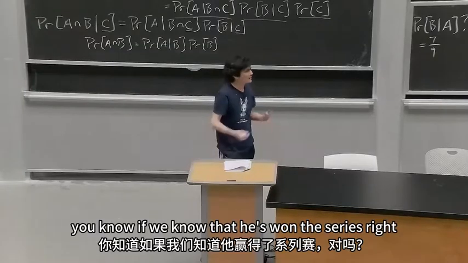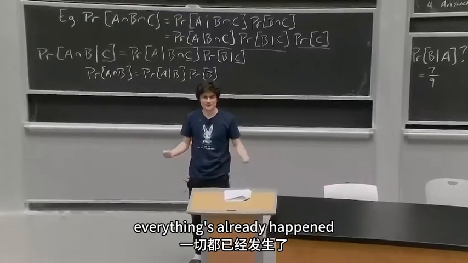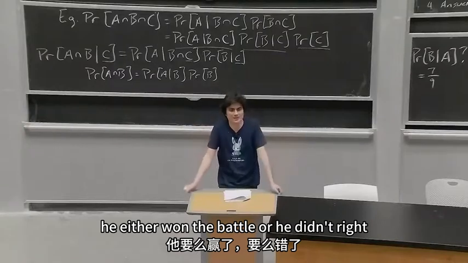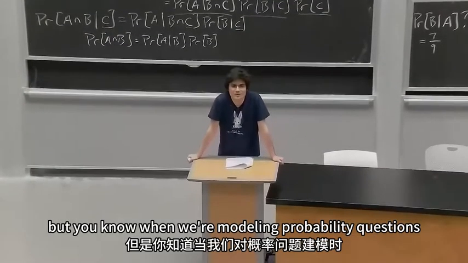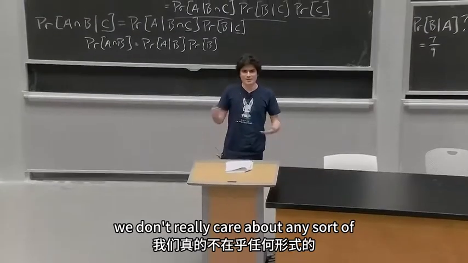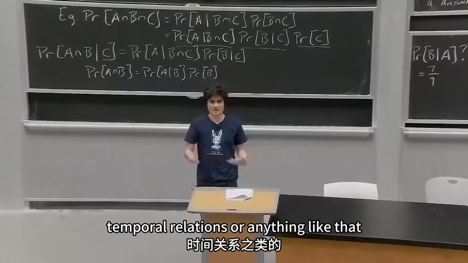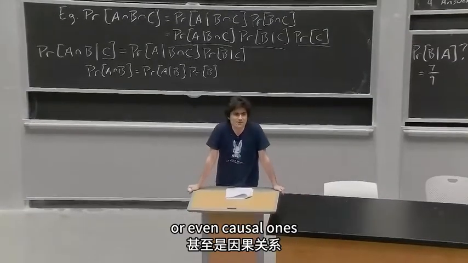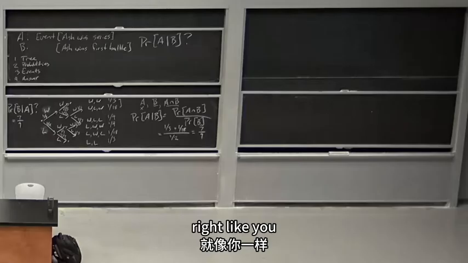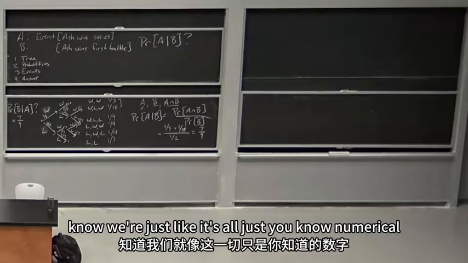Like, if we know that he's won the series, everything's already happened. He either won the battle or he didn't. But when we're modeling probability questions, we don't really care about any sort of temporal relations, or even causal ones. It's all just numerical.